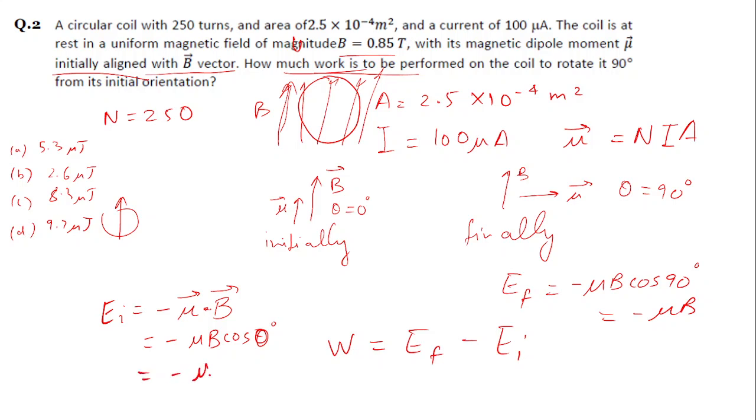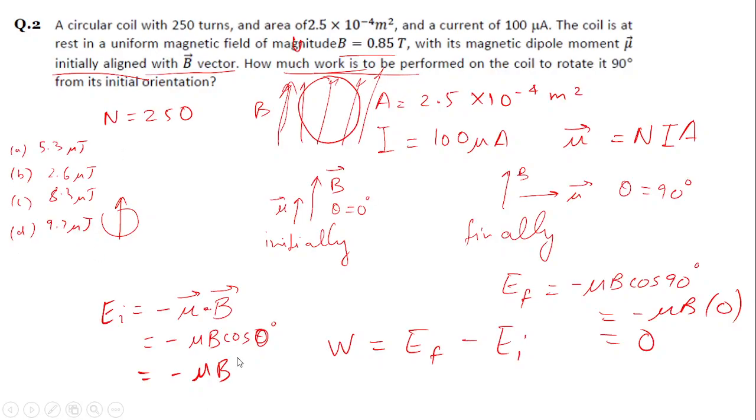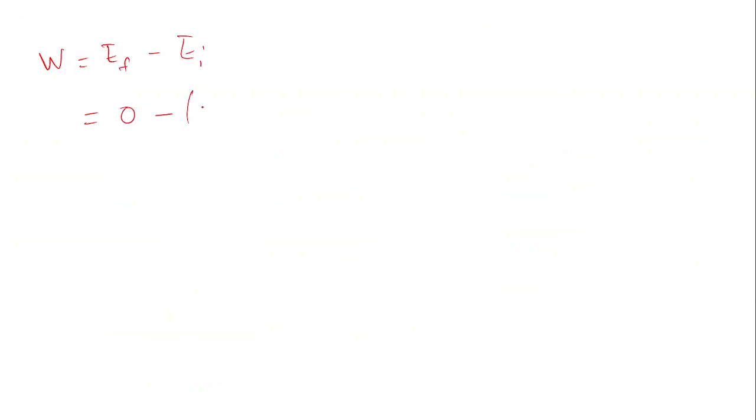So E final is 0, and E initial is minus mu B. That means work done is 0 minus minus mu B, which is mu B. So this is the work done.